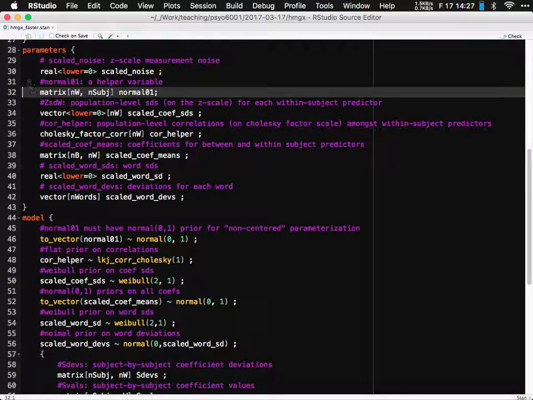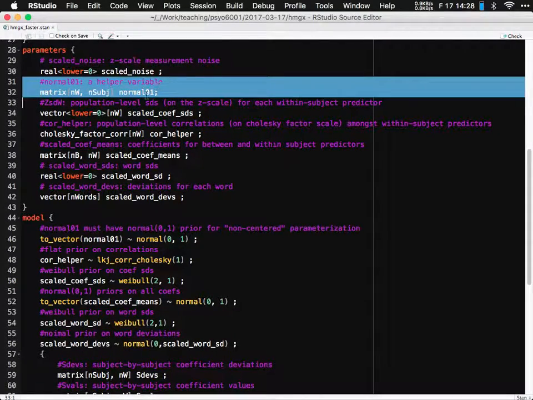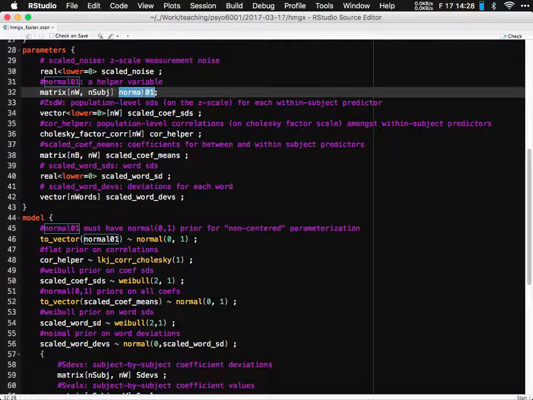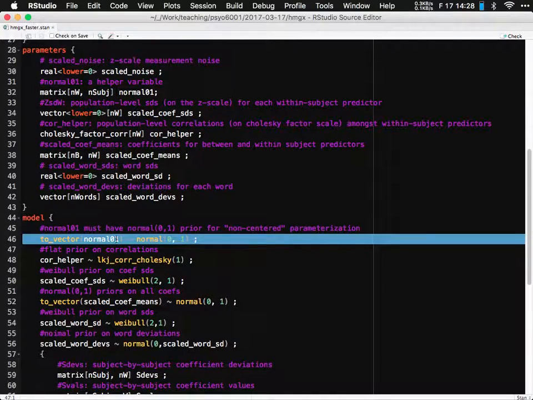We've got a new thing here, a dummy variable called normal 0, 1. It's a matrix with as many rows as there are within-subjects variables, and as many columns as there are subjects. And consistent with its name, we assign a normal prior on it in the model section.